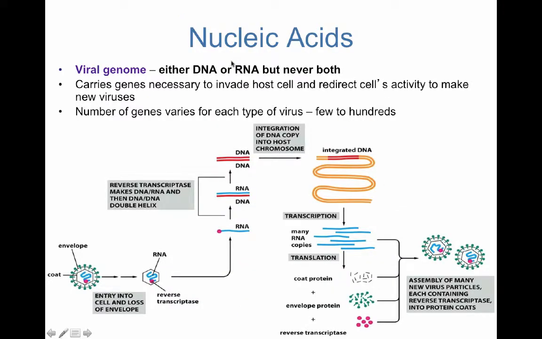Now, definitely every single virus will have a capsid, or it could deviate if it's a pox virus that has that lipoprotein layer, but it also will have nucleic acid. So every virus has a viral genome. Now that genome will consist of either DNA or RNA, but you'll never have a viral genome that has both.